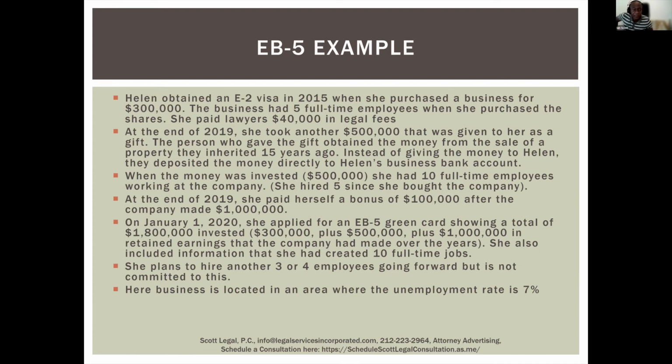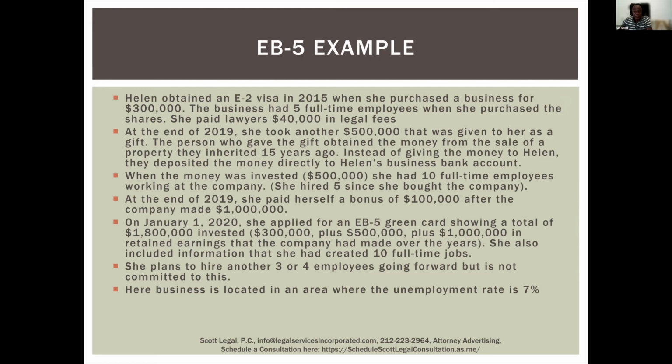Okay, so in this example, Helen is on an E2 visa in the US, and she got this visa in 2015, and she purchased the business for $300,000. So she gave the seller $300,000. And the business had some employees, and then she paid $40,000 in legal fees.